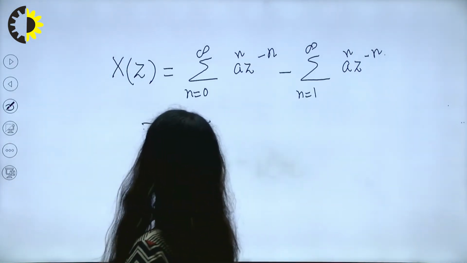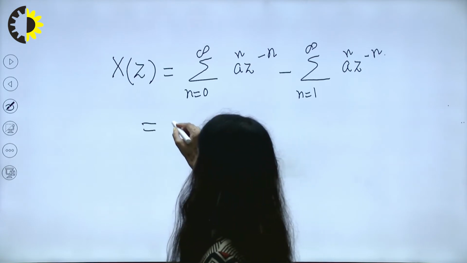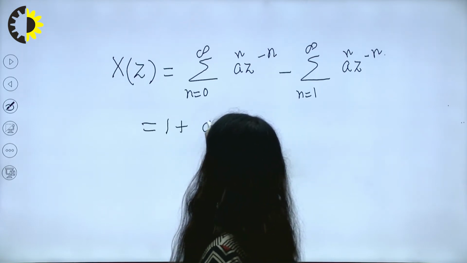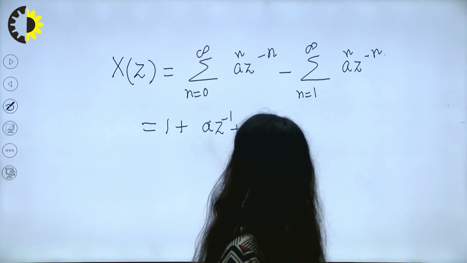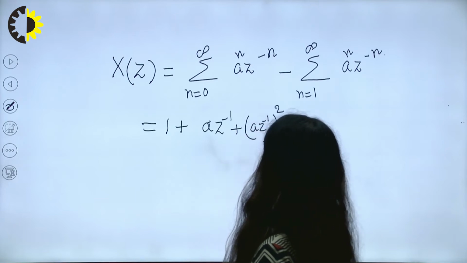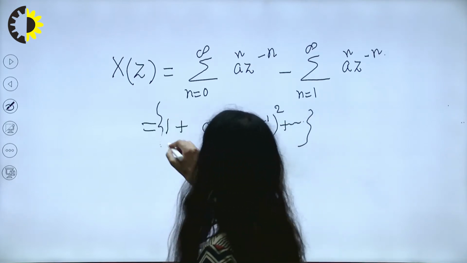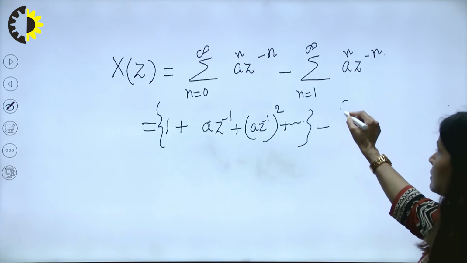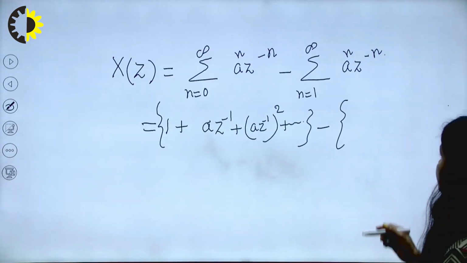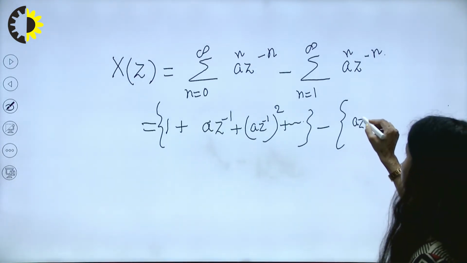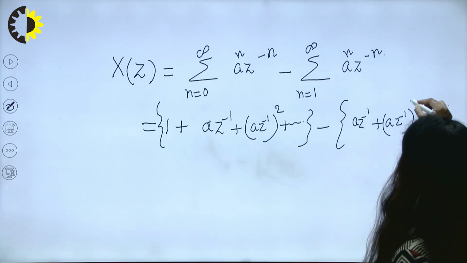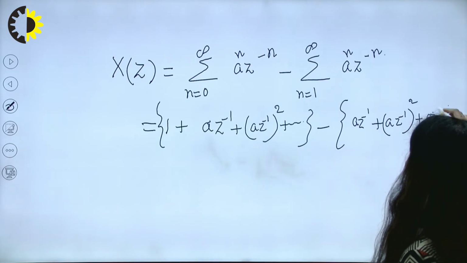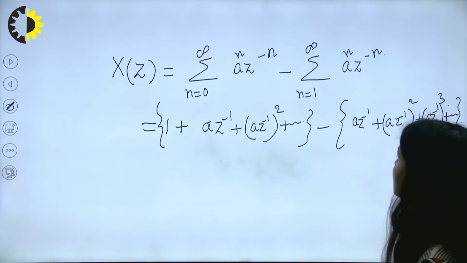So if I extend this, it is 1 plus a z inverse plus (a z inverse) raised to the power 2, and so on. Similarly, the second is a z inverse plus (a z inverse) squared plus (a z inverse) cubed, and so on.